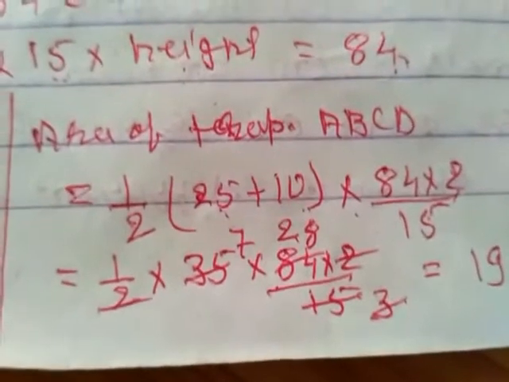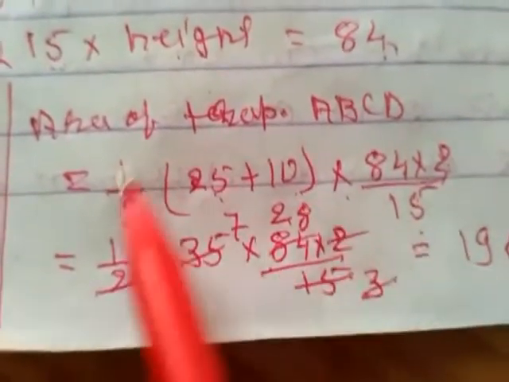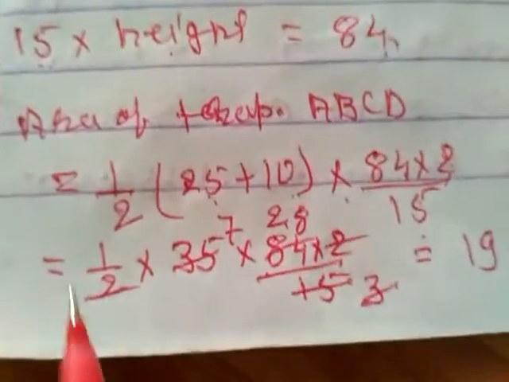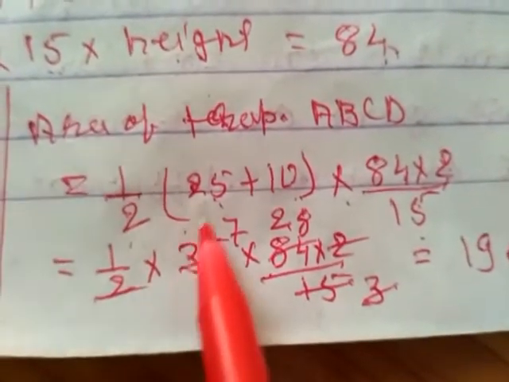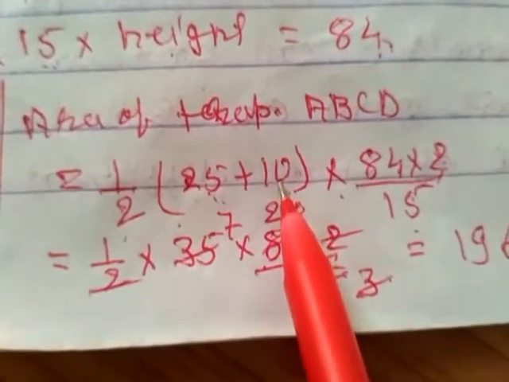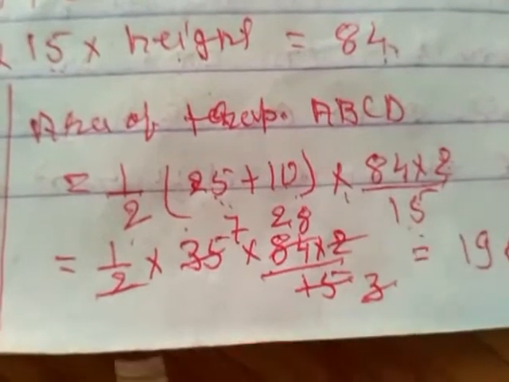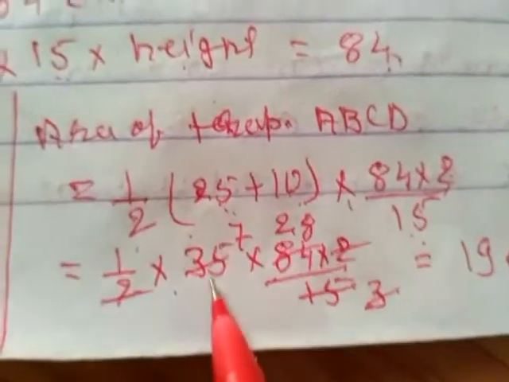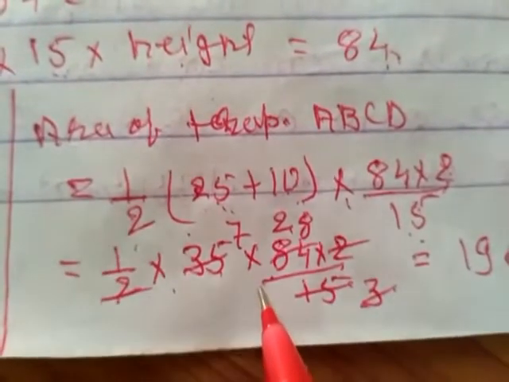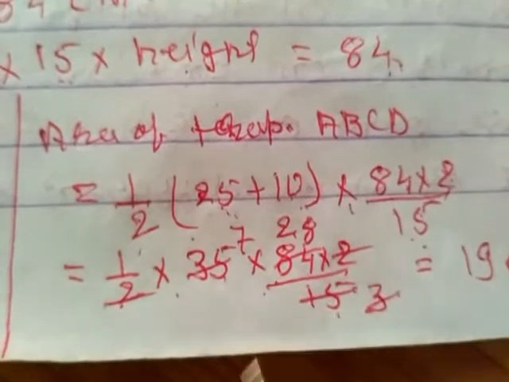And now we have calculated its height, that is 84 into 2 by 15. So substituting all these values, we have 1 by 2 into 25 plus 10 into 84 into 2 by 15. On further solving, we have 1 by 2 into 35 into 84 into 2 by 15.